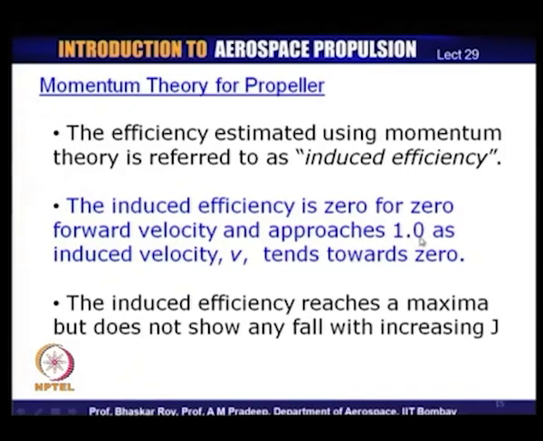And then it approaches 1 as the induced velocity v tends to 0, which means you can have 100% efficiency if the induced velocity, or the additional velocity through the actuator disk, is 0. Now, as you know, if the induced velocity is 0, your thrust is going to be 0.